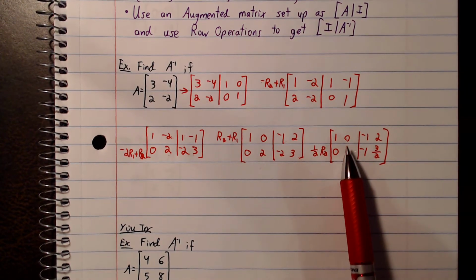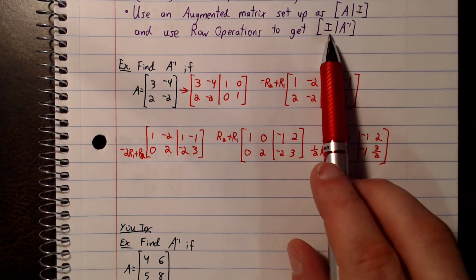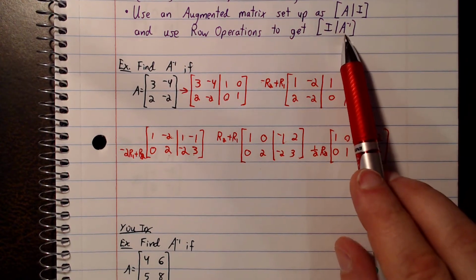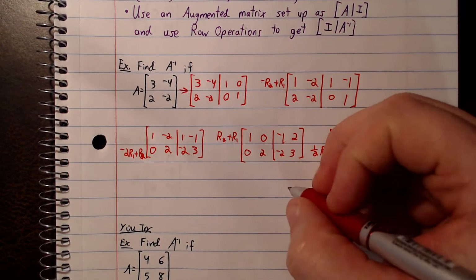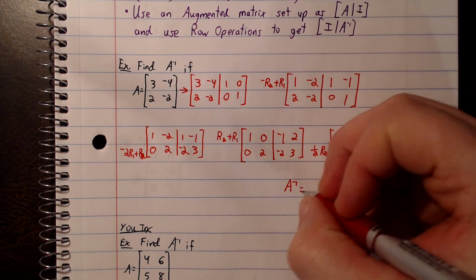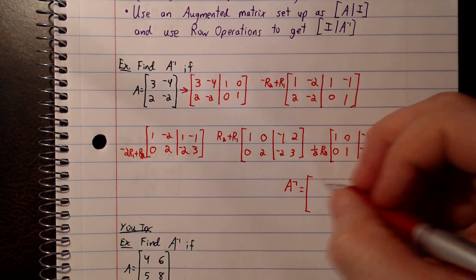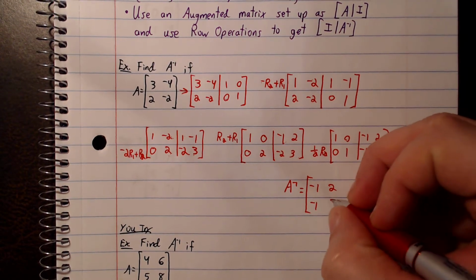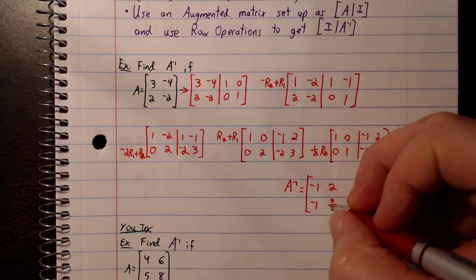So we've got the identity matrix, which is what it told us to get here. Whatever's on this side is my inverse of A. So here it is. -1, -1, 2, and 3/2.